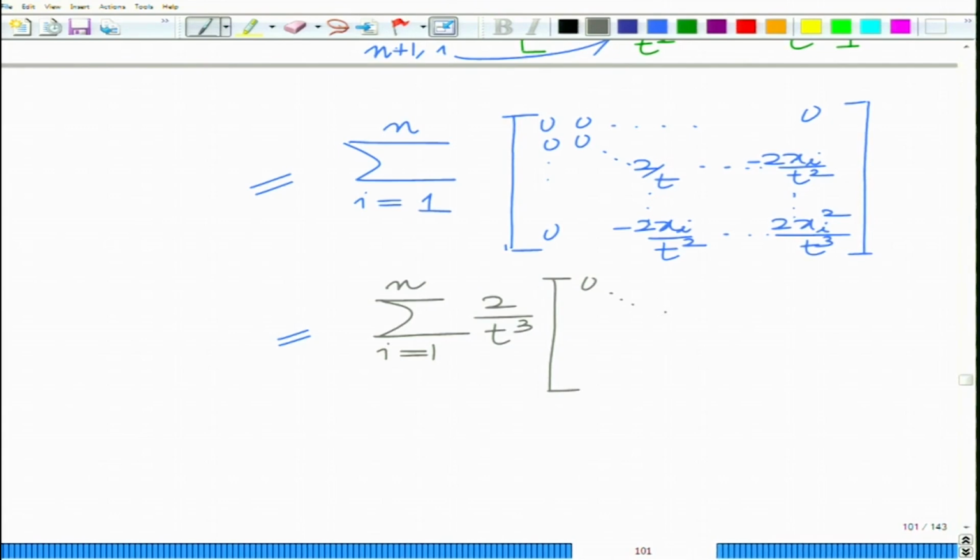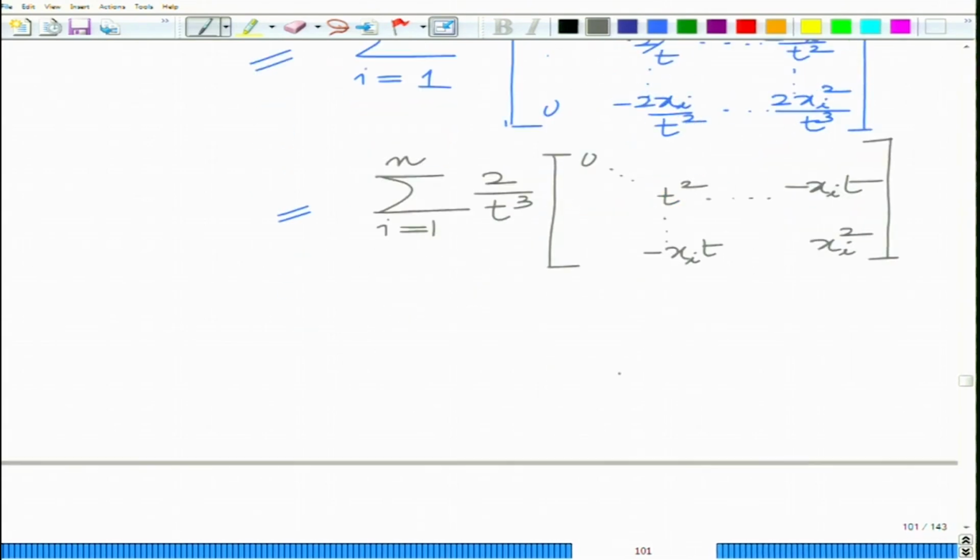This will be t square, this will be minus xi times t, minus xi times t, I am sorry, the 2 will go because we have taken the 2 outside, and this will simply be xi square, and the rest of the entries are 0.